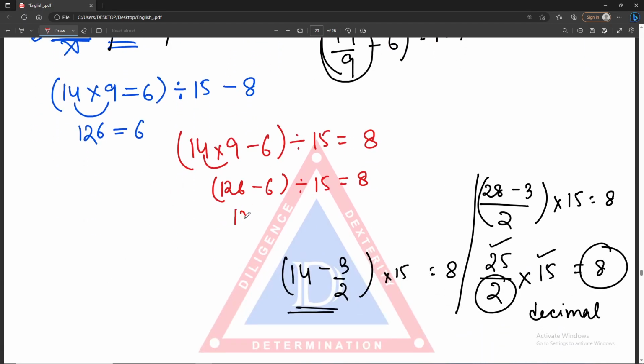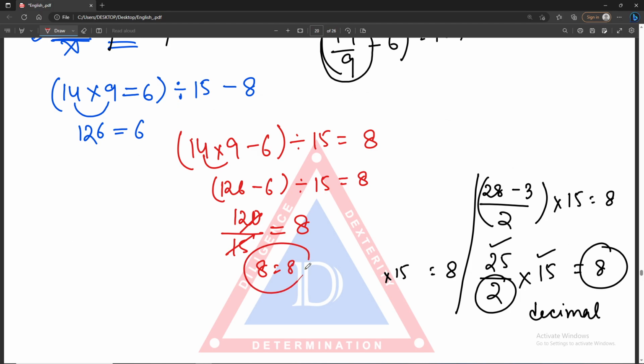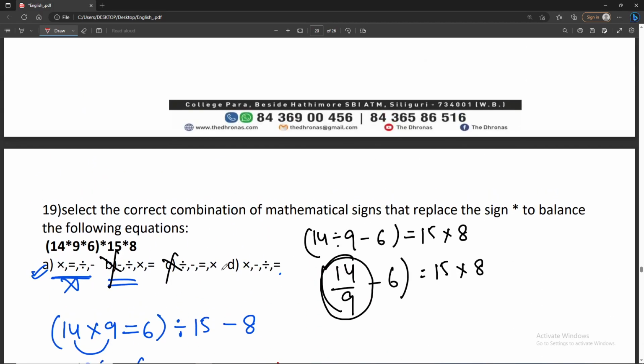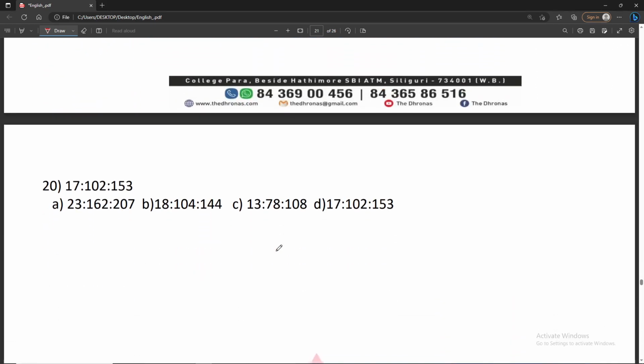Then we have 120 divided by 15, which is equals to 8. You can see 15 eights are 120. So 8 is equals to 8. So option 4 is the correct answer for the given question. Okay. Let's move on to the next question.